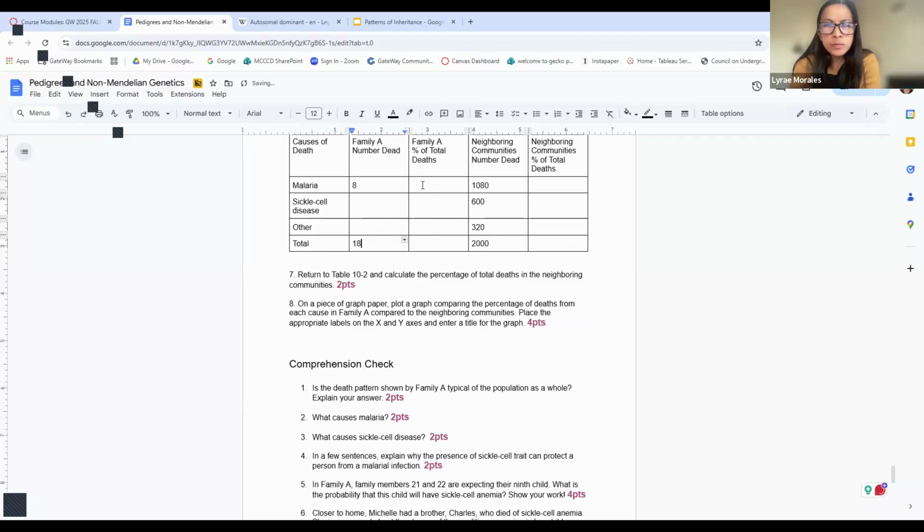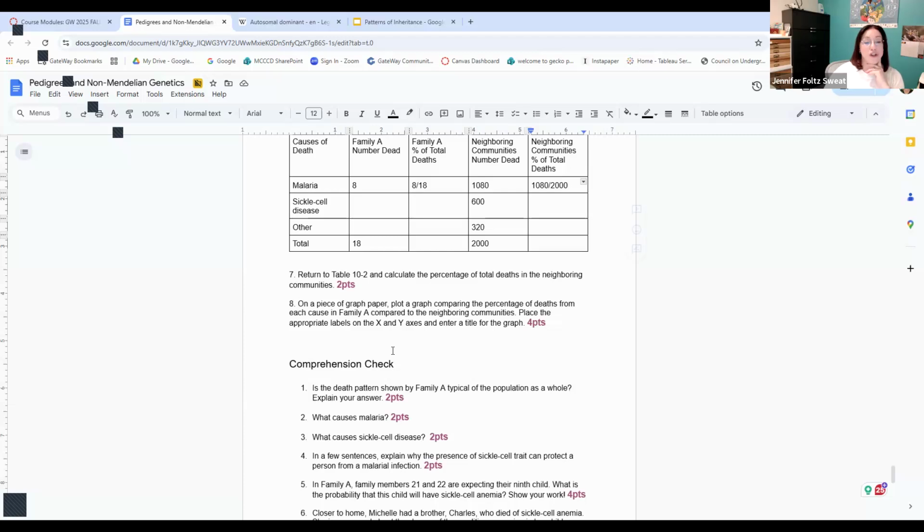And so percentage of total deaths would have been 8 divided by 18, whatever that is. That gives you a decimal, and then you move the decimal place 2 places to the right, and that's your percentage. Or you multiply times 100, same thing. Now, neighboring communities, your total is 2,000. So total deaths would have been 1,080 divided by 2,000. Does that make sense to everyone?